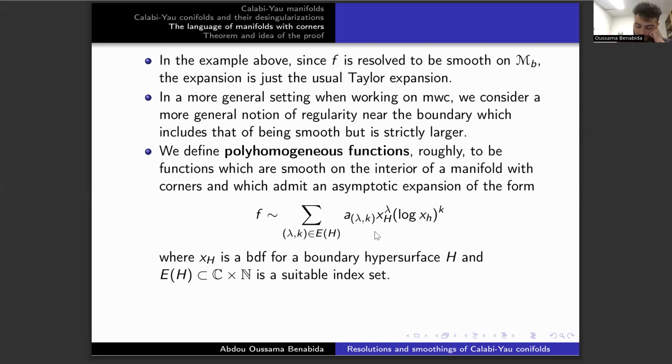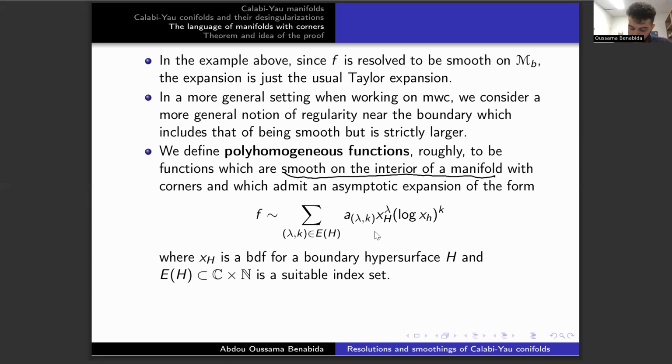So we define polyhomogeneous functions on a manifold with corners. These are functions which are smooth in the interior, so in the interior, there is no problem.